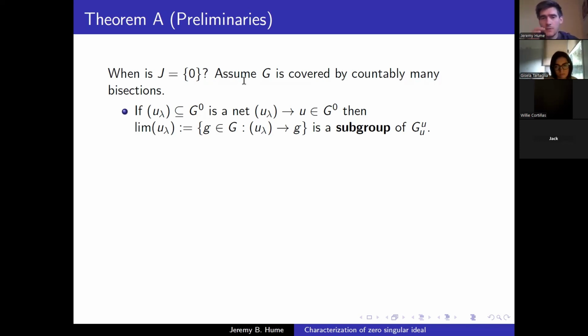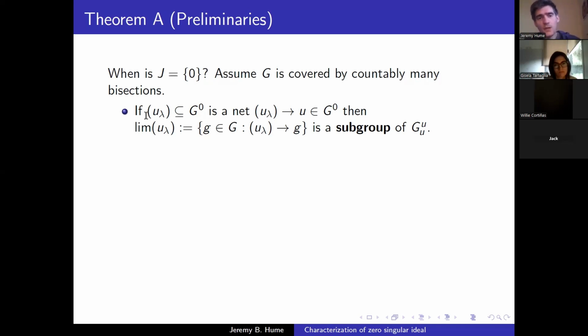If you want to go past this case, you get a characterization, but only in a local sense. But really this is a large class and it includes sigma-compact groupoids, so it's fairly satisfactory for most purposes.